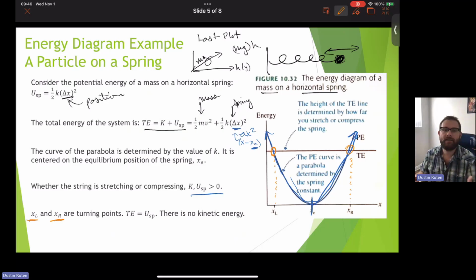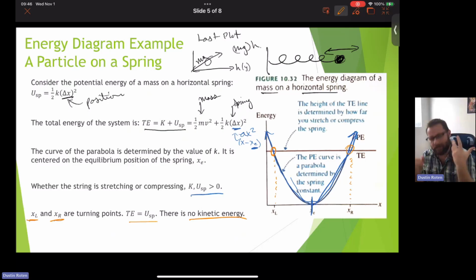And we've already said that these are turning points. That's where the total energy equals the potential energy. It's the same value. When we have all potential energy, there's no kinetic energy. So at these turning points, XL and XR, this mass is not moving.